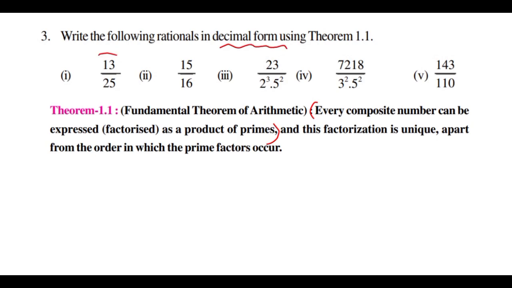It's very interesting. For example, if I take this 13 by 25, how can I express this in decimal form? Normal division, right? 13 is smaller than 25, so take a 0 here and keep a point, then it becomes 130. 25 5s are 125.